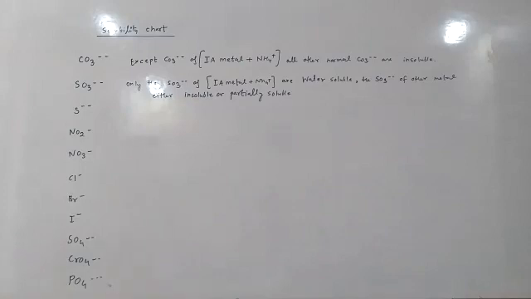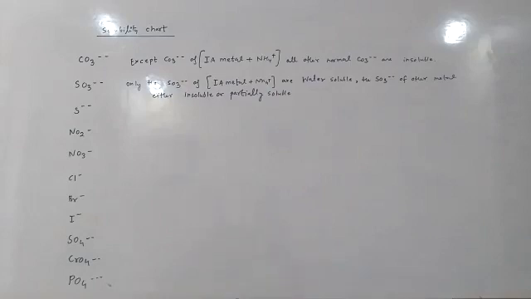Third, the acid and normal polysulfide of alkali metal are water soluble. The normal sulfide of most other metals are insoluble. Those of the alkaline earth metals are partially soluble, but are gradually changed by contact with water into soluble hydrogen sulfide. Okay? So message is clear.